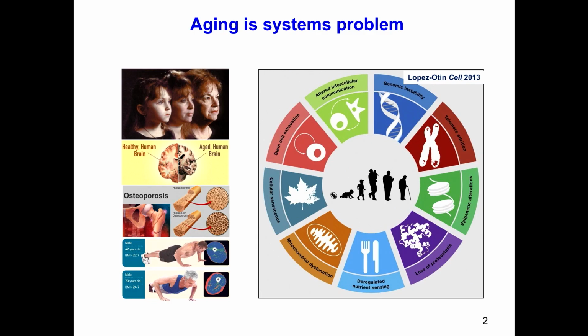So what I'm going to talk about today is AI and aging. Everybody here is probably very familiar with aging, either from your family members or anybody on the street, right? Aging affects every aspect of our human body during the process.